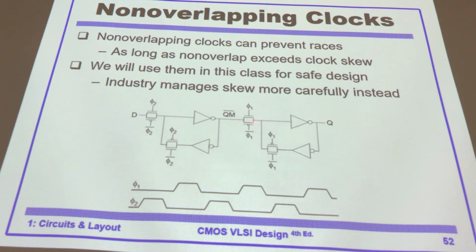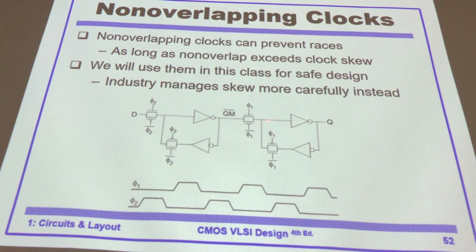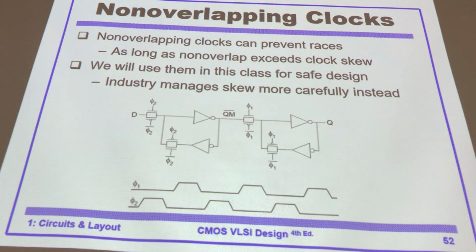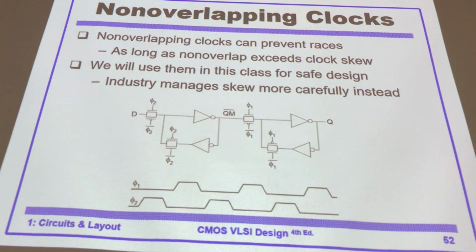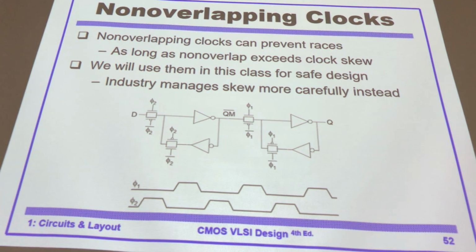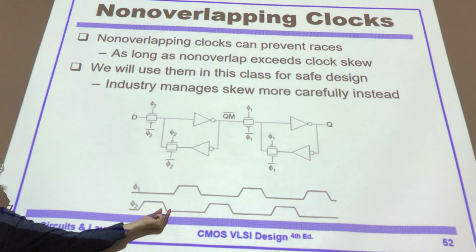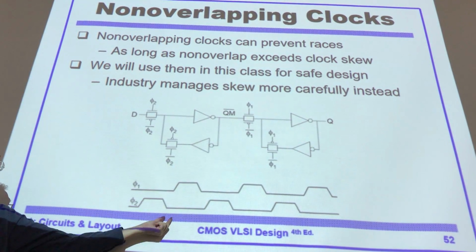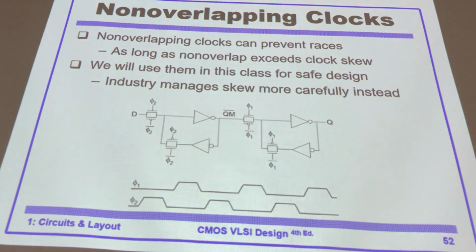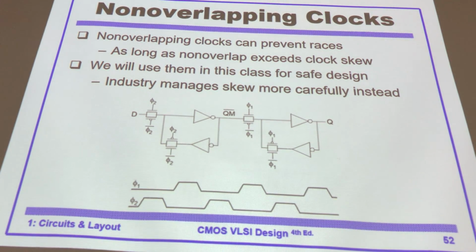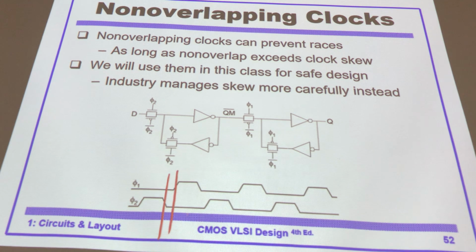So you don't have to worry about the value getting through, which would make the race condition for hold time failure. As long as the period of time both are low exceeds the clock skew delay, then you're fine.